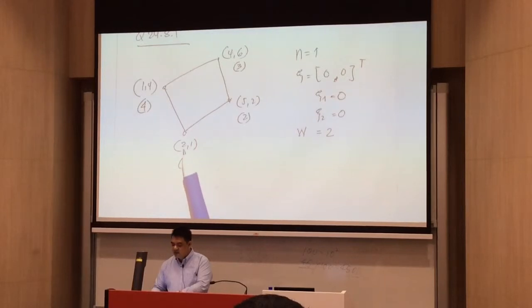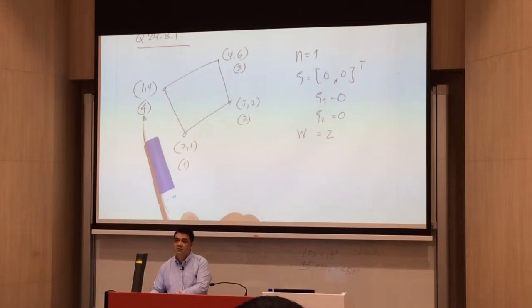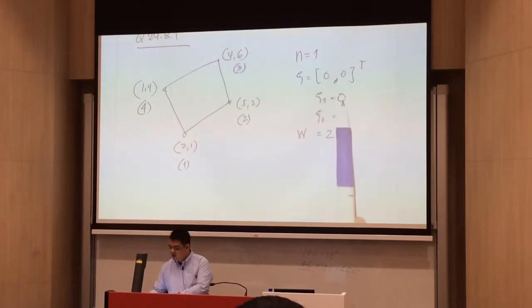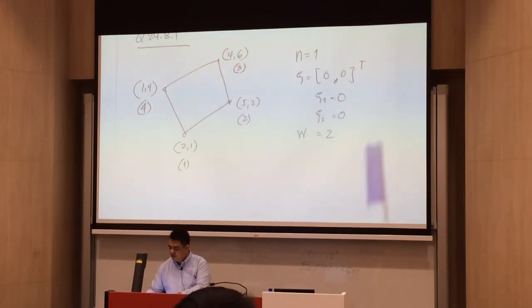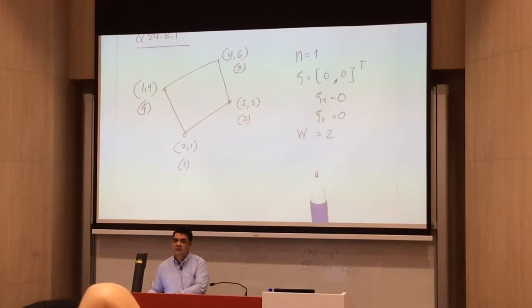This will be my x1 at node 1, x1 at node 2, x1 at node 3, x1 at node 4. My C1 is 0, C2 is 0. Why? Because I use this assumption. This is very standard for n equal to 1.